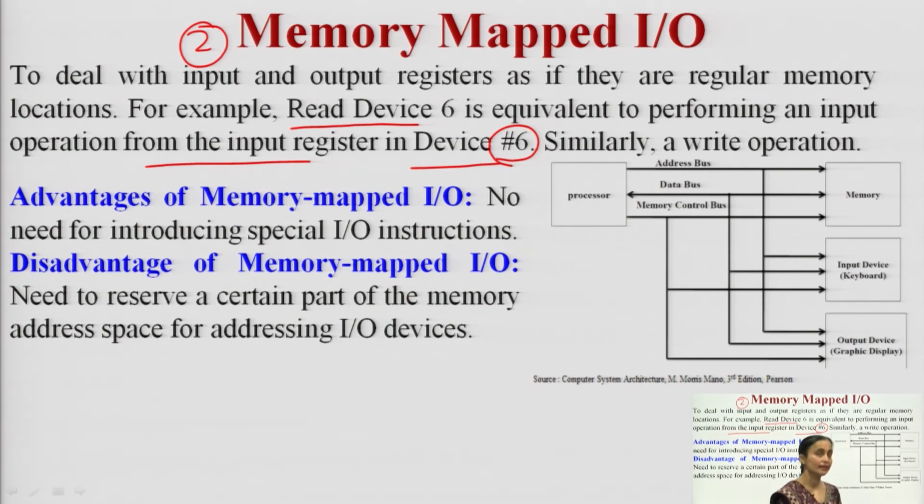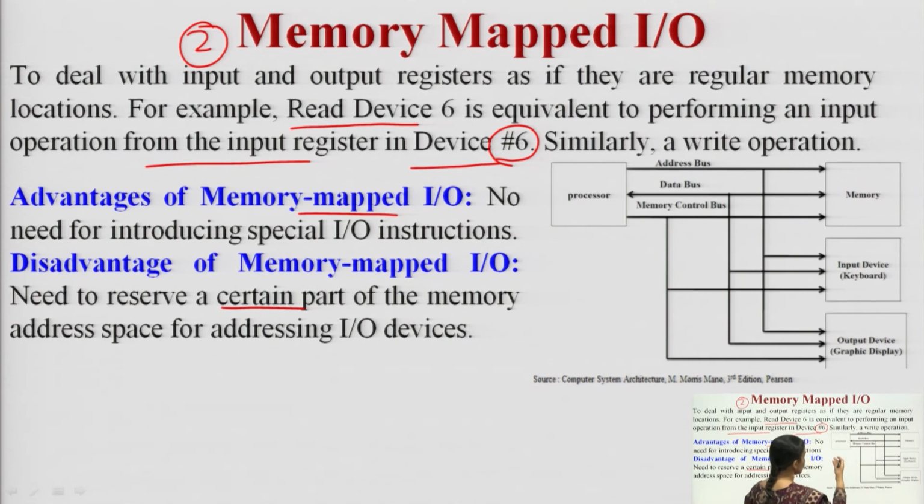It means we are directly accessing the memory. The advantage of using memory mapped is that there is no need to introduce special IO instructions, and the disadvantage is that we need to reserve a certain part of the memory address space whenever we require an address space for addressing the IO devices.